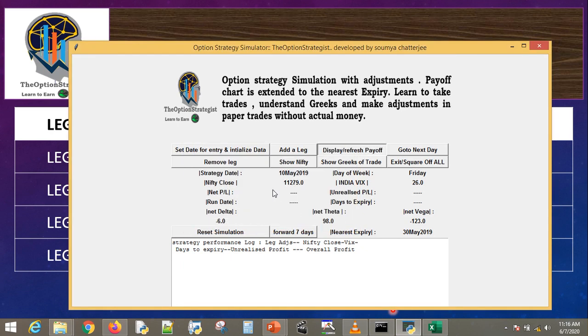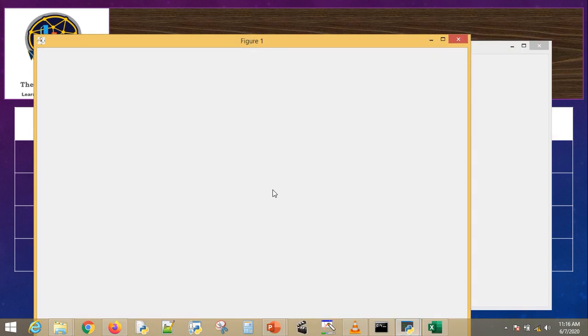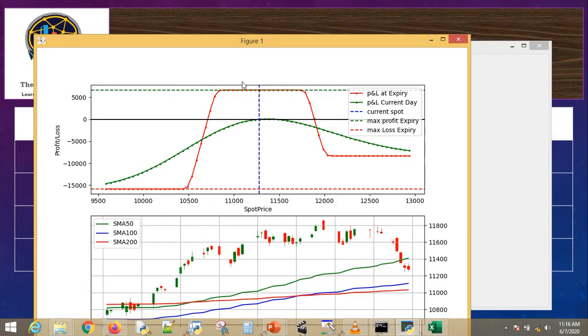Now let's see the iron condor chart. Now refresh the chart over here. So if you see, this is a little unbalanced iron condor because the strikes are not equally or evenly spaced, but more or less you understand the concept.